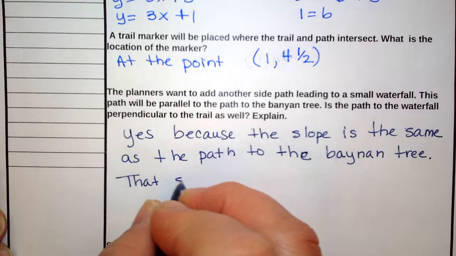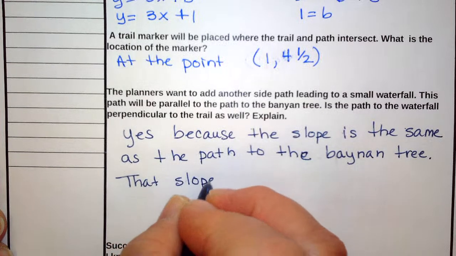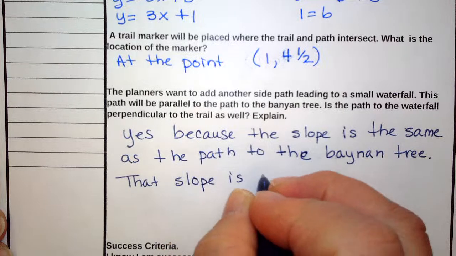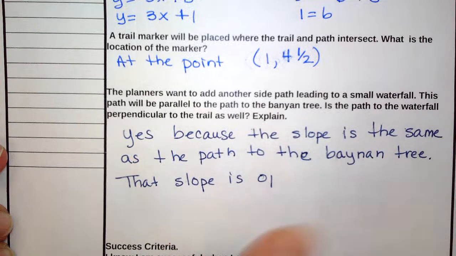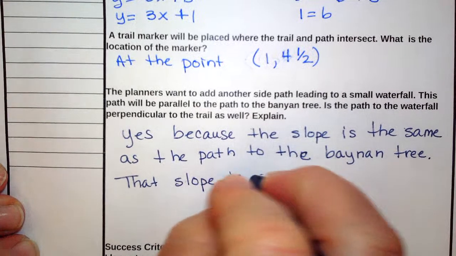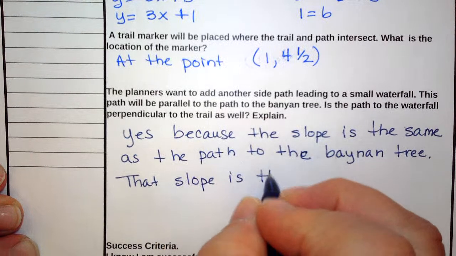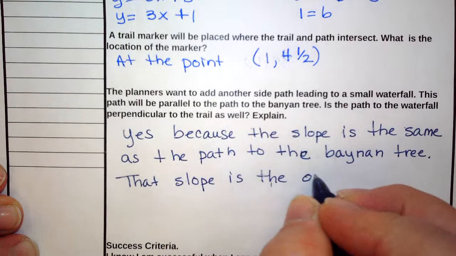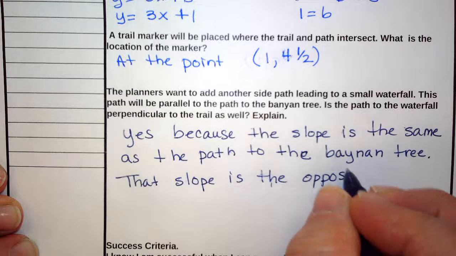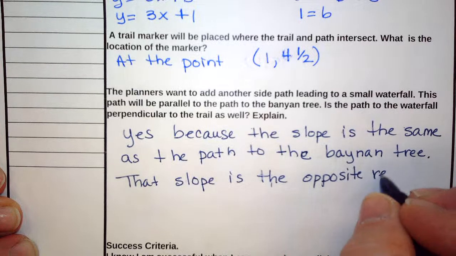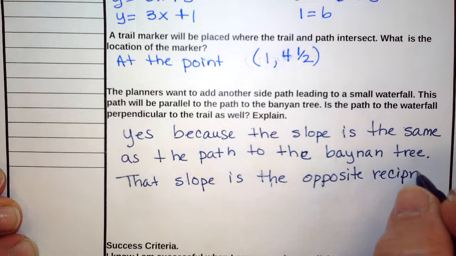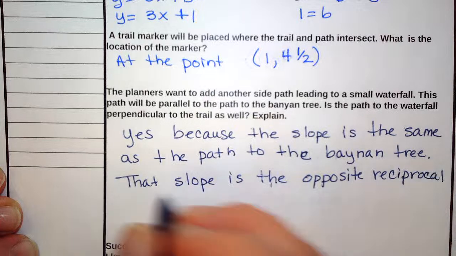That slope is the opposite reciprocal to the first.